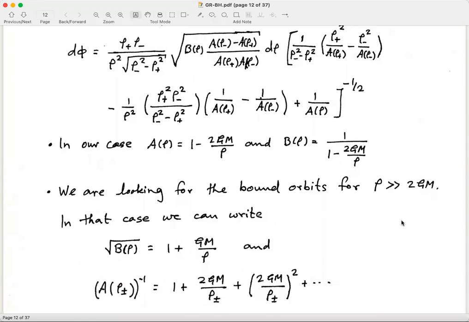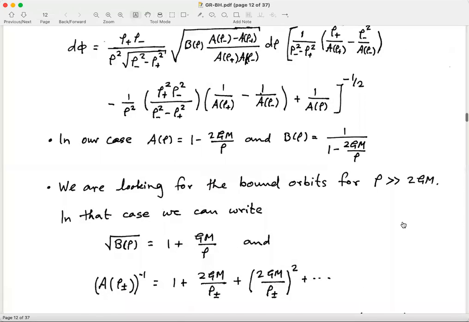You really see this non-trivial effect if the object is smaller in size than its own Schwarzschild radius. Most of the stars are not of that kind. Black holes, of course, are.